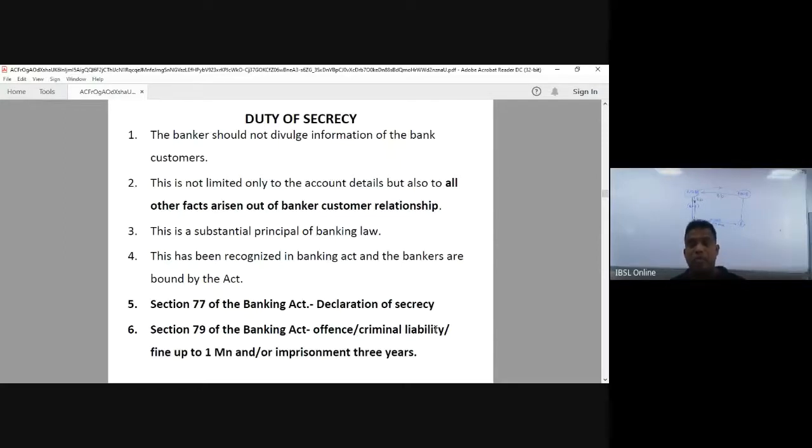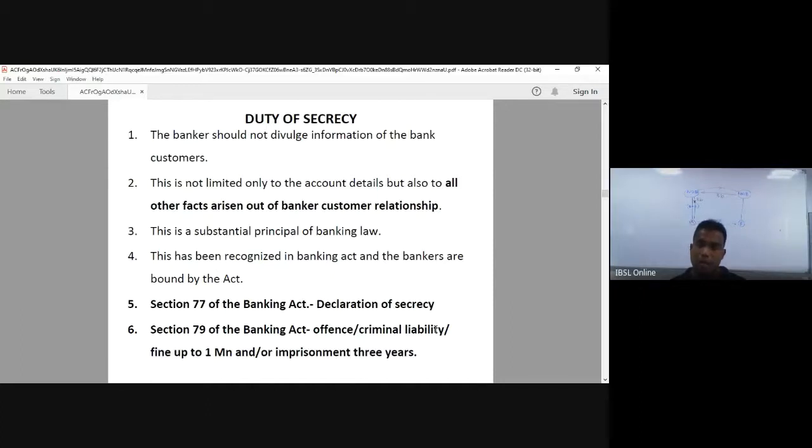Criminal offense means that you can be sued before a criminal court, and you can be fined and also put into jail. As per section 79, the punishment is a fine of 1 million and imprisonment for 3 years. So remember, it is very dangerous if you breach the duty of secrecy.